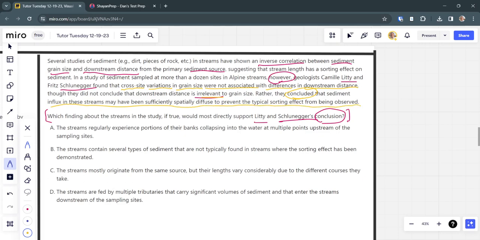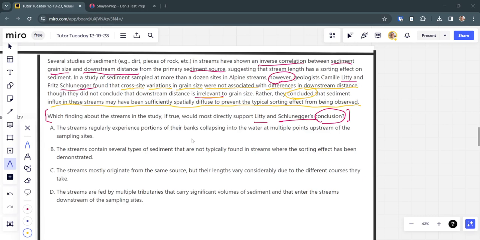So if we're looking at that problem, I'm just going to go through question by question, answer by answer, and see what we can conclude, or see if any of these findings could potentially support the conclusion.